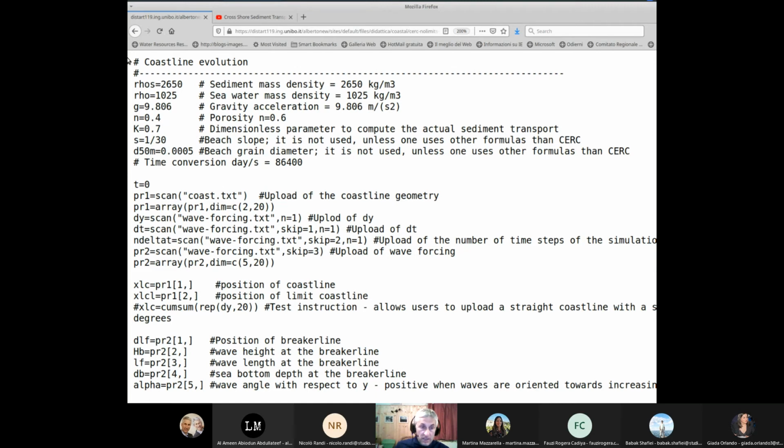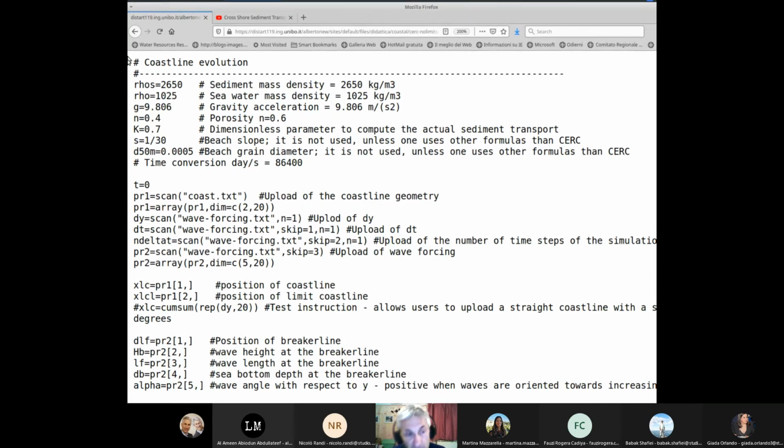So what you see on the screen is already a program. A program doesn't necessarily need to be difficult to make. It is just a sequence of instructions. And the usefulness of R is that it allows you precisely to run programs. You can also do it in Excel, but it's more difficult.